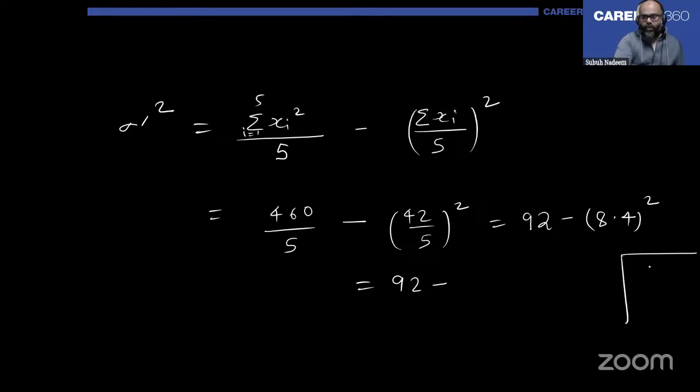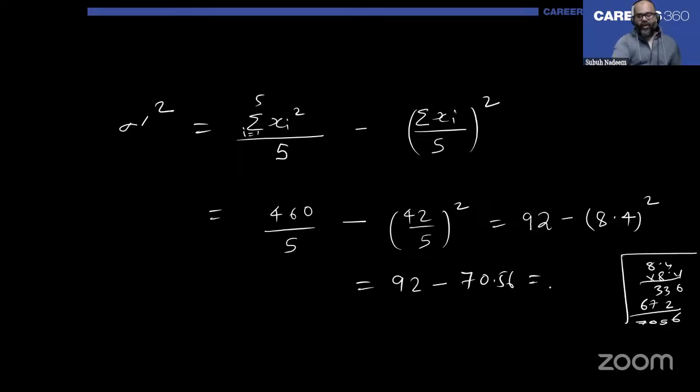So what is 8.4 whole square? 4, 4, 16, 1 carry, 8, 4, 32, 1, 33. And 8, 4, 32, 3 carry, 64, 3, 67. So it will be 6, this will be 5, this will be 0, this will be 7. So 70.56 is what we are getting here.